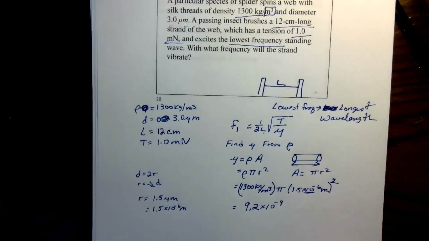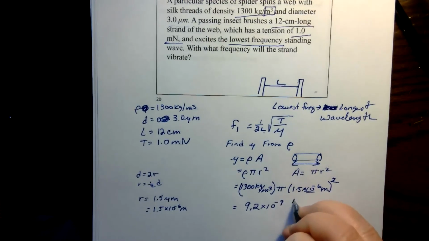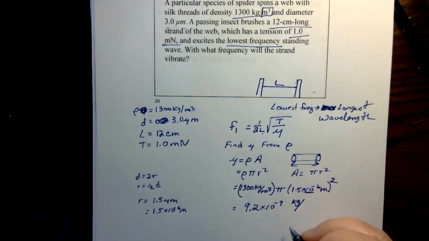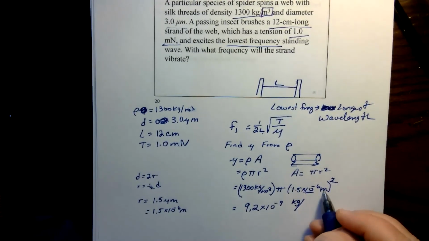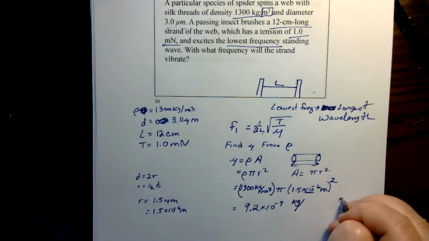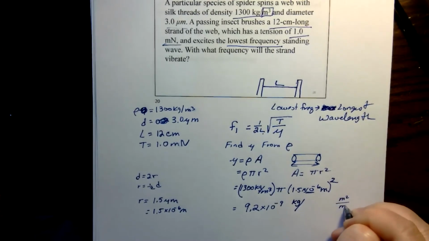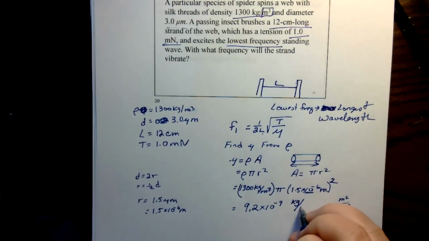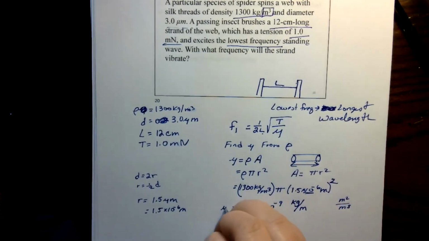So our question is, what are our units? We still have a kilogram divided by, now we have a meter times a meter, so meter squared. So this is going to give us a meter squared divided by a meter cubed, which will just give us a meter. So we're going to have a kilogram per meter, which is the correct units for mu.